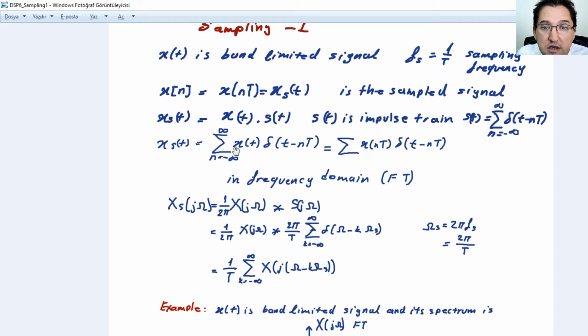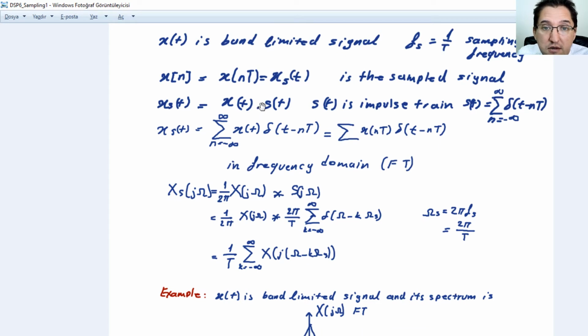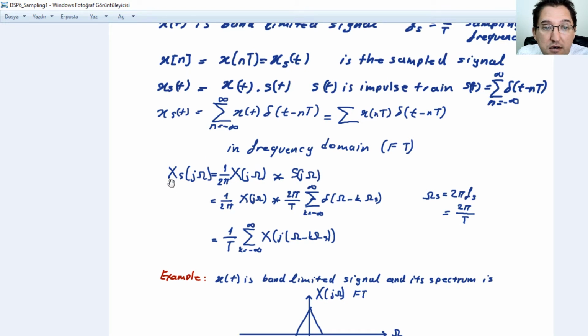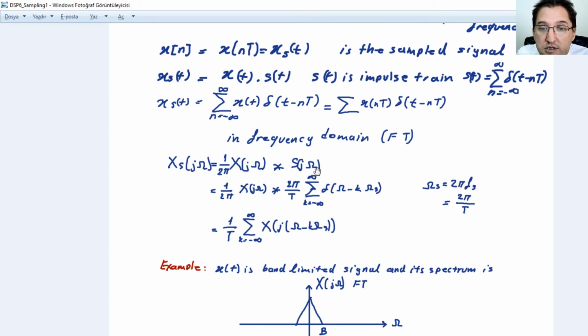Here xs(t) is x(t) times delta(t minus nT), and in the frequency domain the multiplication becomes convolution, and therefore the Fourier transform of xs is the convolution of the continuous time signal's Fourier transform and the impulse train spectrum. And the Fourier transform of an impulse train is also an impulse train.